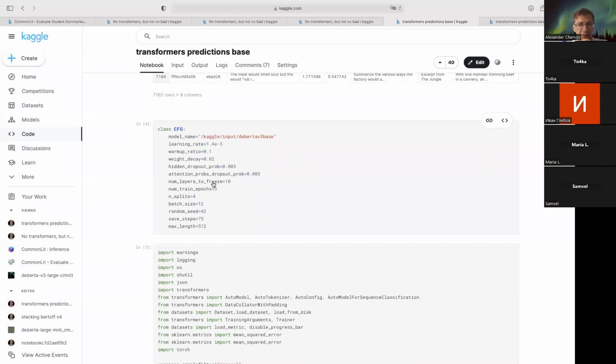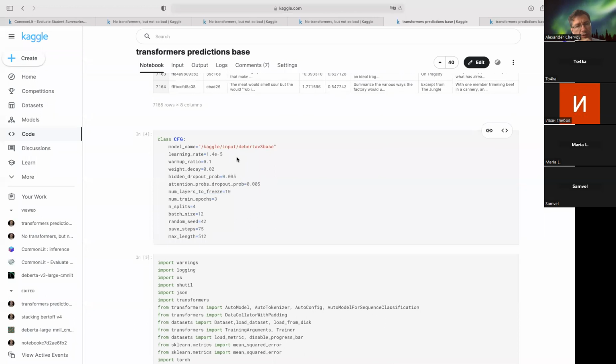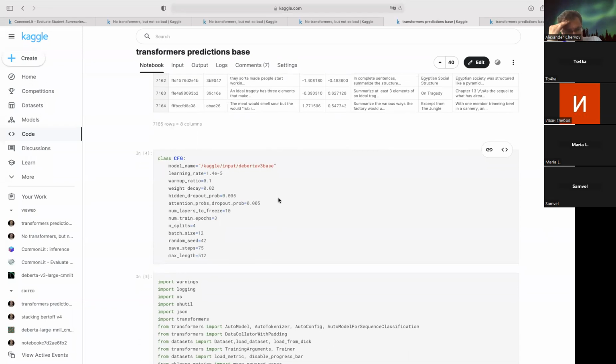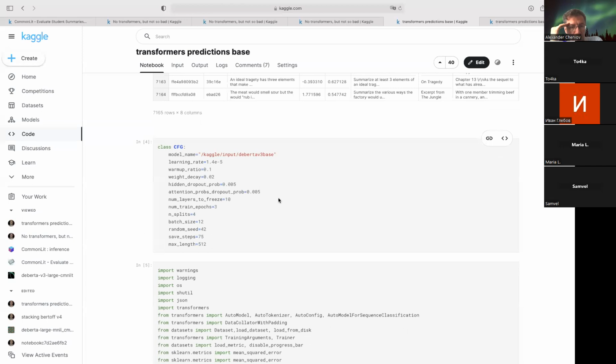Okay. And how far are the top solutions on the leaderboard from, for example, your notebook or other public notebooks? Unfortunately, it's far, because in this notebook I only used the DeBERTa base model, and other public notebooks started to use DeBERTa large models, and like I said, bigger models will get you better results in general.